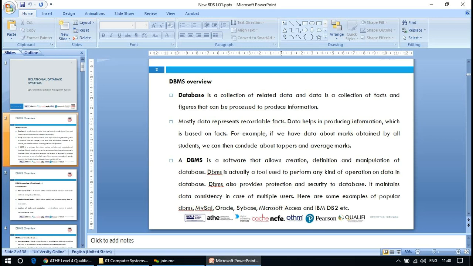When you are using a database like Oracle, MS Access, or SQL Server, you say I'm using SQL Server, but basically you are using a database management system. It's a complete software for creation, definition, and manipulation of the database.